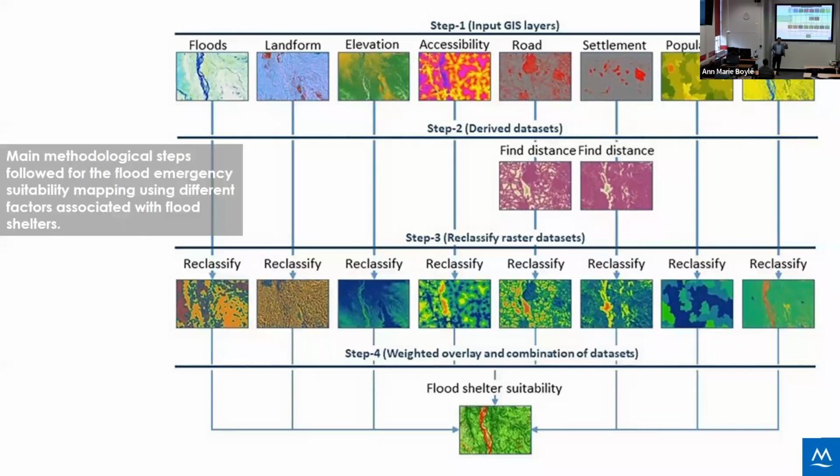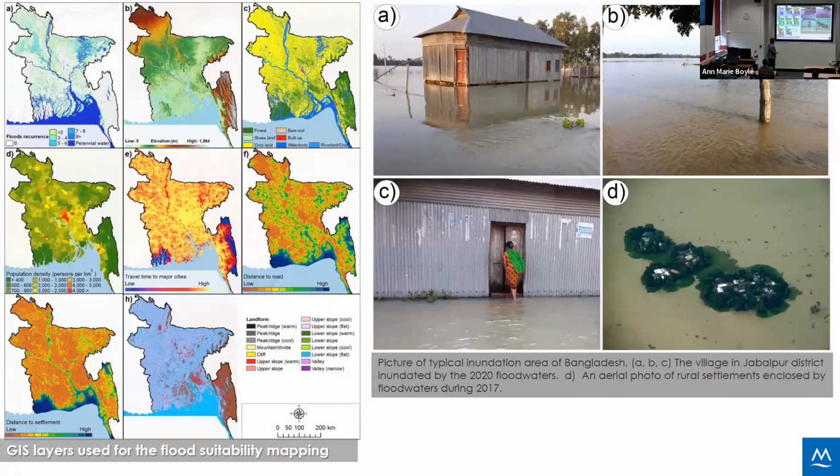So finally, I'm coming to the flood shelter suitability area. This is the very basic step we are using. We are using previous floods, landform, elevation, accessibility, road, settlement, population, and land cover. Why do we need to consider elevation besides the flood?